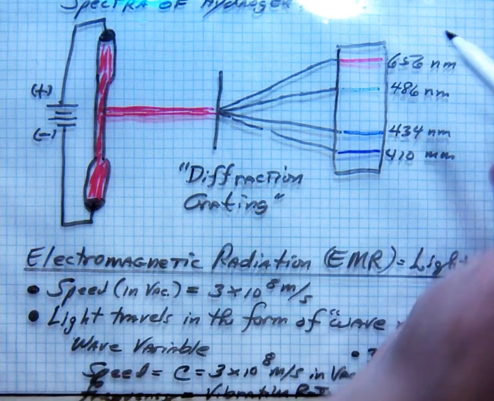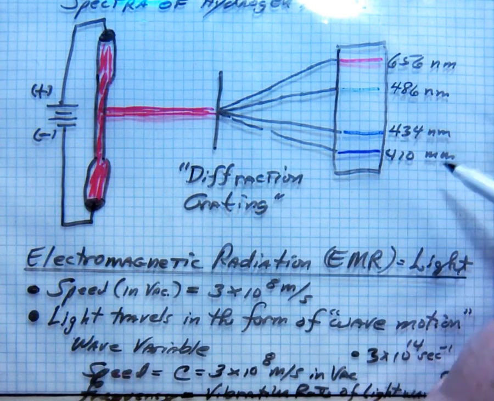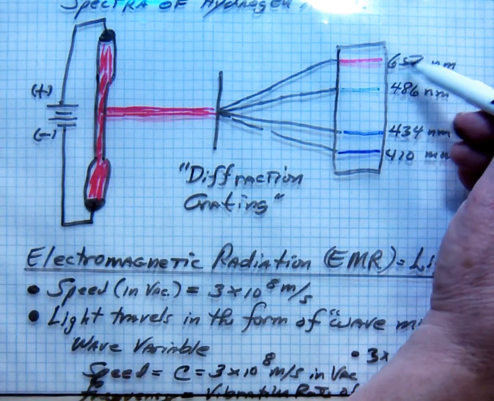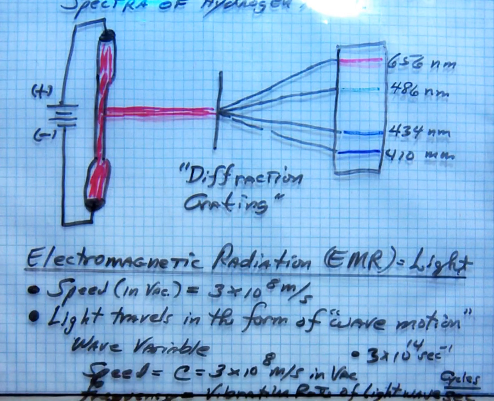See this? We're going to be working with the red line, the green, blue, and violet lines. And in order to work problems with those numbers, you have to convert them to meters. So in essence, this is 6.56 times 10 to the -7th of a meter. You won't see anything else in any other capacity. Those are the only ones you'll have to deal with.